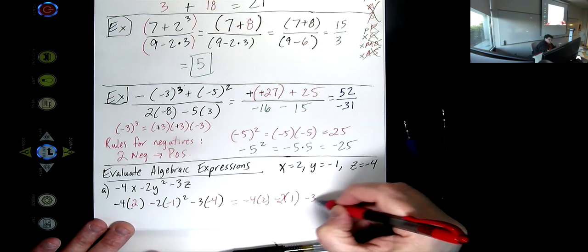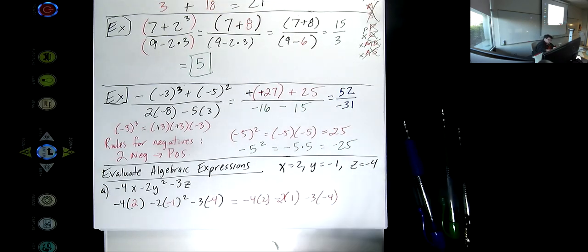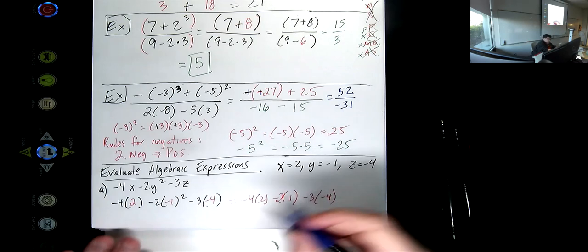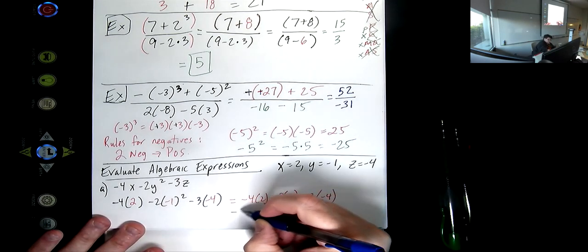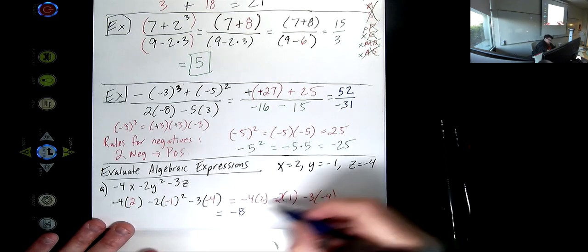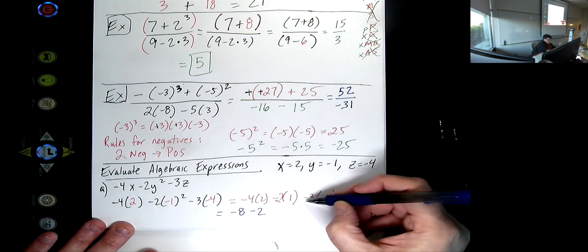And I have -3 times -4. -4 times 2 is -8. And then I've got -2 times 1 is -2. And I have -3 and -4.